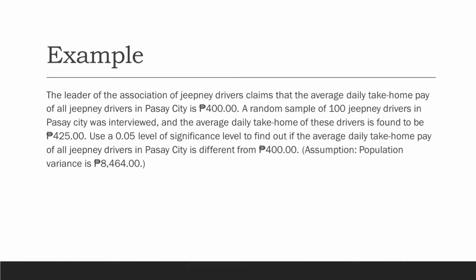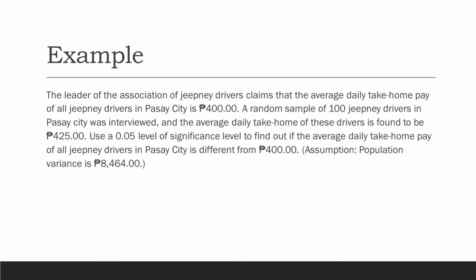Use a 0.05 level of significance to find out if the average daily take-home pay of all jeepney drivers in Pasay City is different from 400 peso. So the assumption, population variance is 8,464 peso. So first, we need to understand the problem.